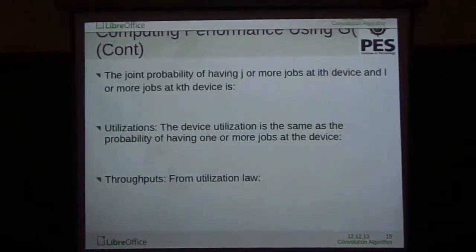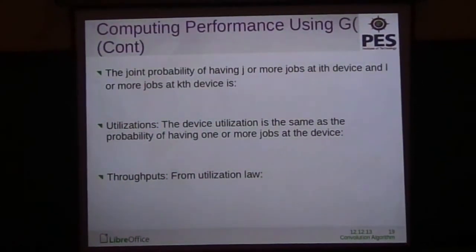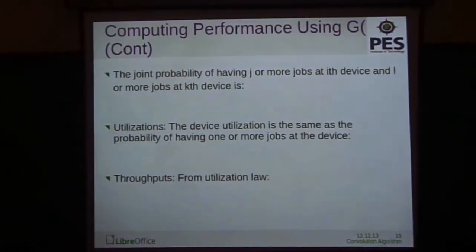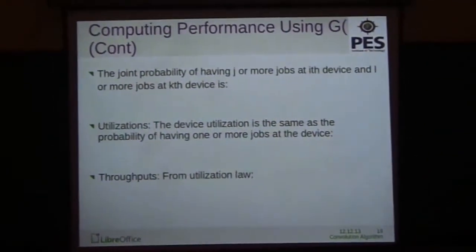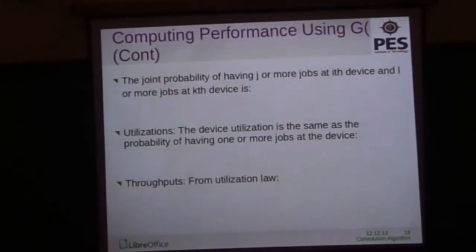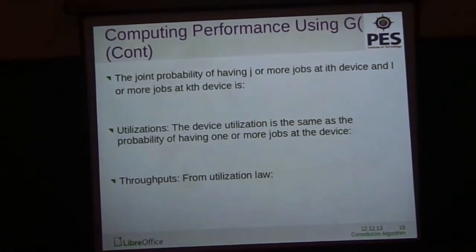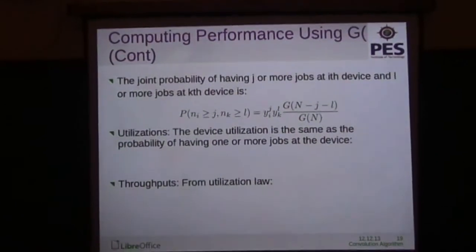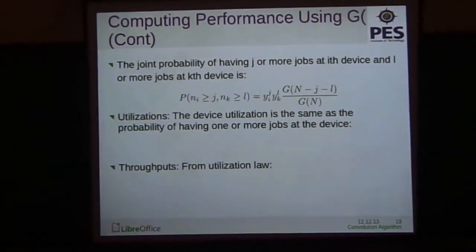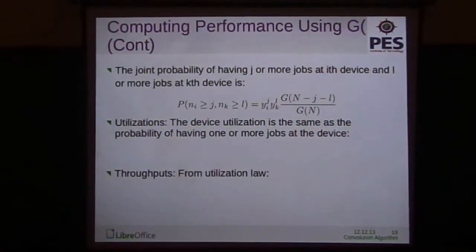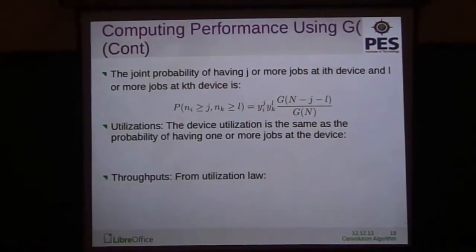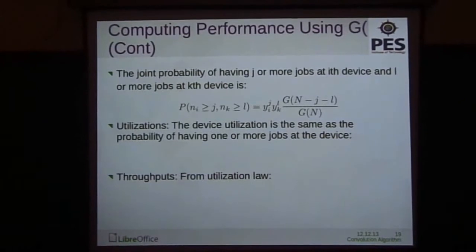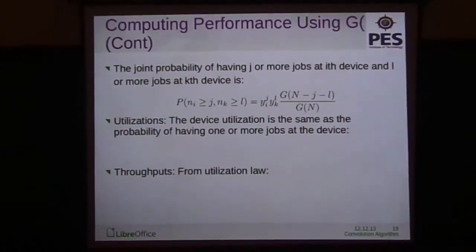Next, the joint probability of having j or more jobs at the ith device and l or more jobs at the kth device is given by p of n_i greater than or equal to j, n_k greater than or equal to l equals yi to the power j, yk to the power l, g of n minus j minus l by gn.